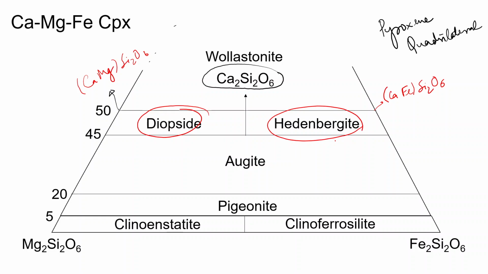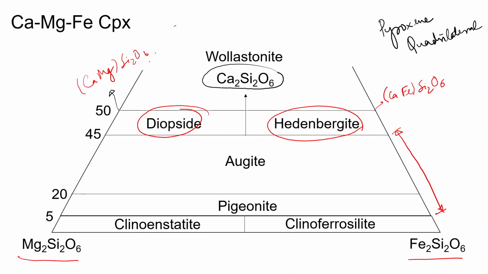Now moving from CaMgSi2O6 towards pure Mg2Si2O6, or CaFeSi2O6 towards Fe2Si2O6, we have a field between augite and pigeonite. So we can have several of these minerals which, once plotted, fall in this field of augite and pigeonite, and we can have several such replacements.